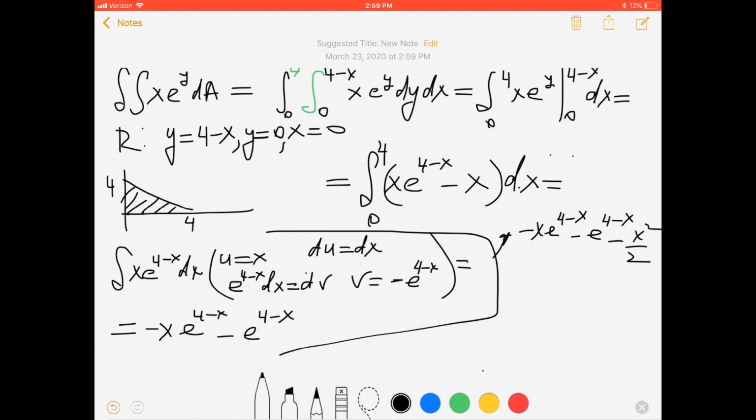Plugging in our borders 0 and 4, we have negative 4, negative 1, 16 over 2, negative 8. If I plug in 0, I have 0 for the first term, plus e to the 4th degree for the second term, and 0 for the third one. This means finally I have e to the 4th minus 9.